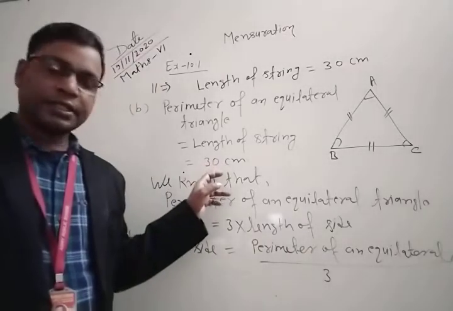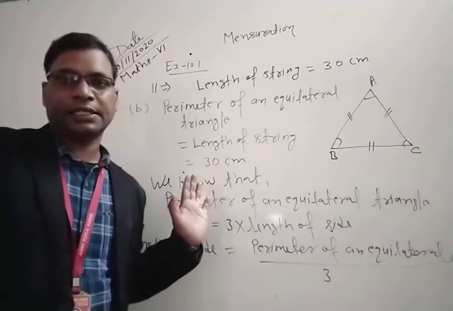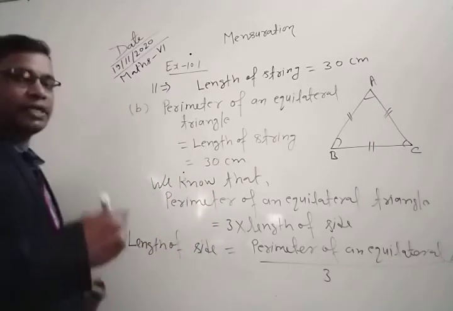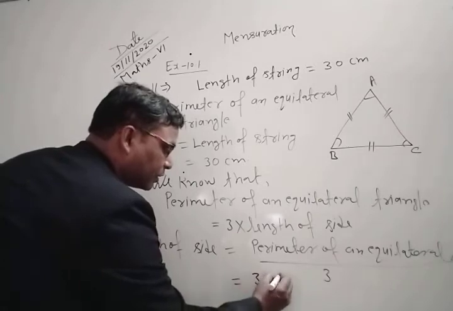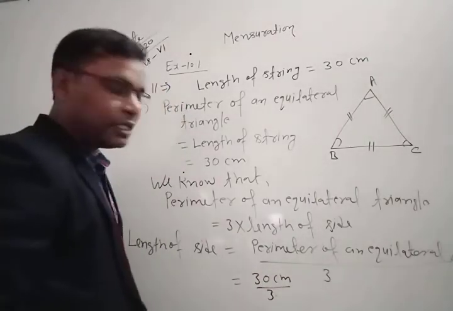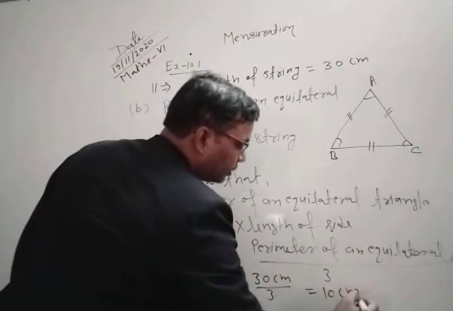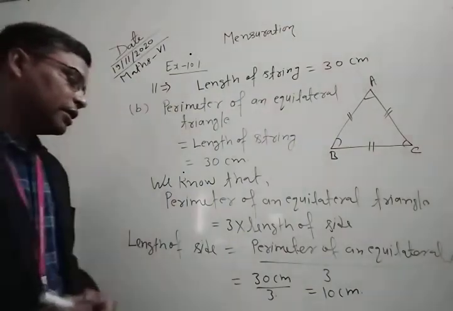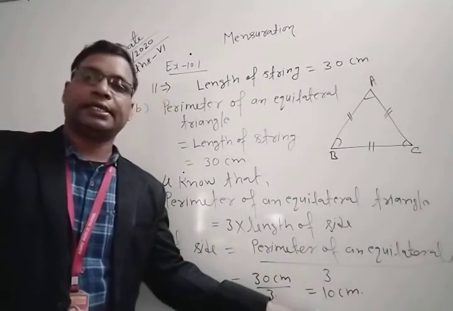Here you can see the perimeter of the equilateral triangle is 30 centimeter, this is given. So this is equal to 30 centimeter by 3, which is equal to 10 centimeter. So here you can see the side of an equilateral triangle is equal to 10 centimeters.